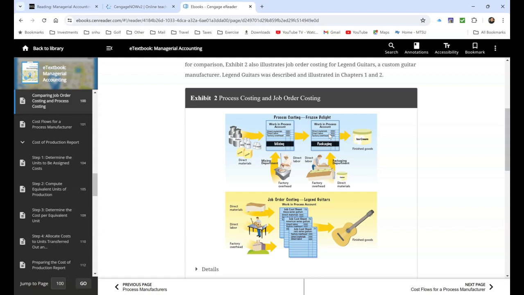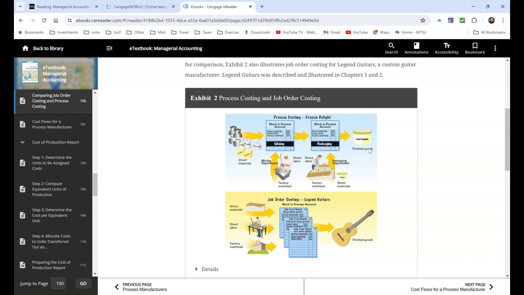So if we're making 1,000 units of ice cream, we are going to have 1,000 units of direct materials because that's what we do first. We bring in the direct materials. And so if we have 1,000 units, no matter whether we complete them or not, each unit is going to have a cost, and that's dependent upon all of the costs involved.